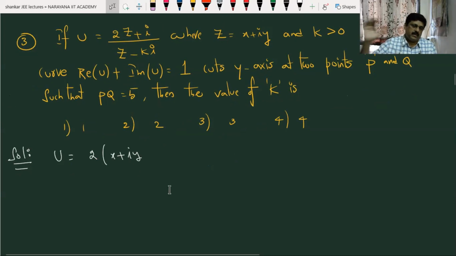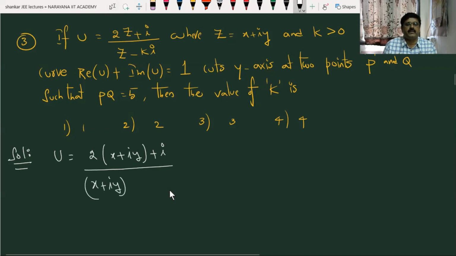Then only particular locus will come. So to handle all such locus type or geometrical linked problems, we replace z by x plus iota y. So 2 of x plus iota y plus iota by x plus iota y minus k iota, students. Now what I am going to do is just regroup the terms.